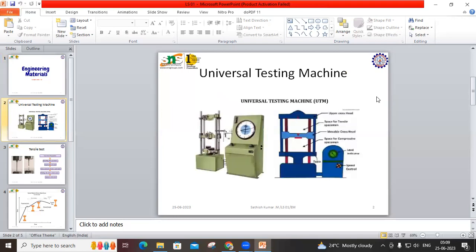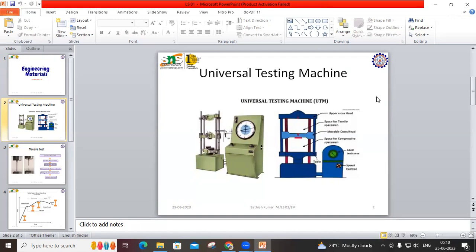Tensile, compressive and shear are the three loads that are constantly applied on any material. When we pull a material on either side, the material experiences a tensile load, where there is an increase in length and an elongation.